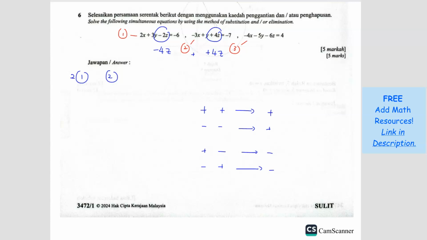But for elimination, you do the opposite. If it's positive, you make it minus. When it's negative, you make it plus. That's how you eliminate. For these two, one is negative, one is positive, so they are different signs, and I do the opposite, which is positive.